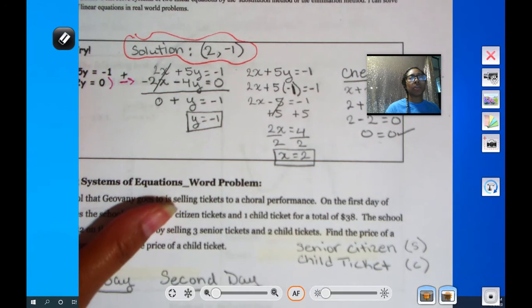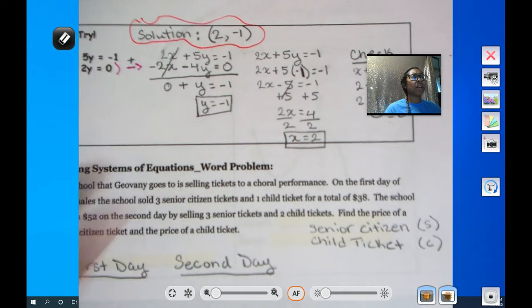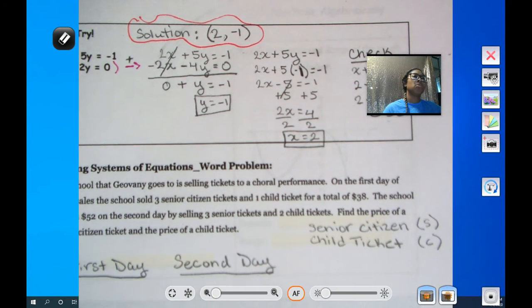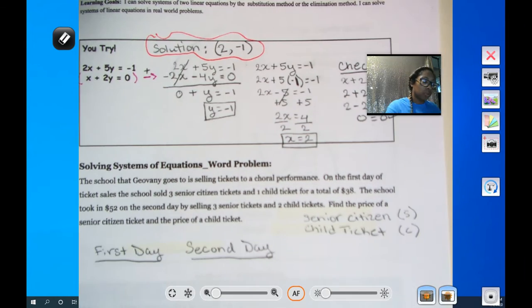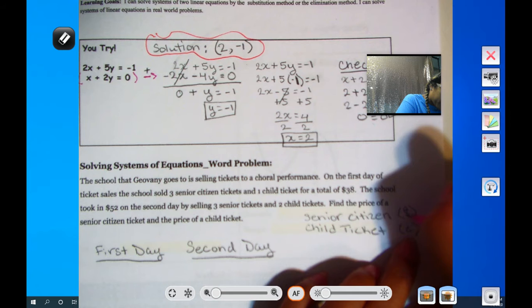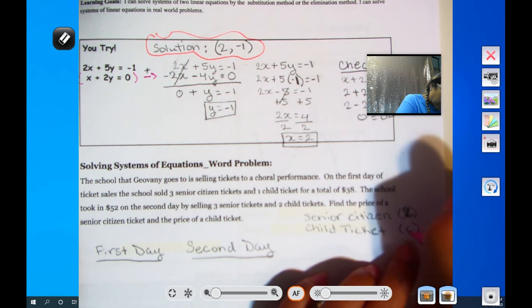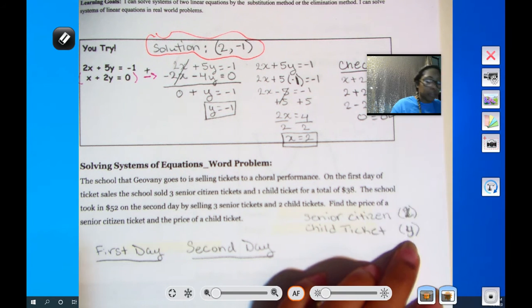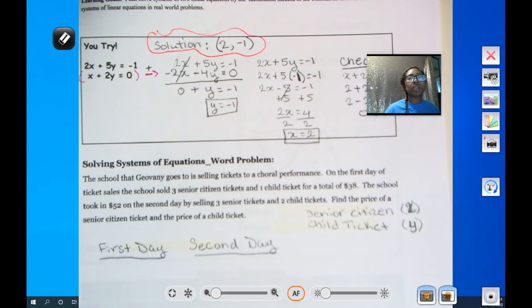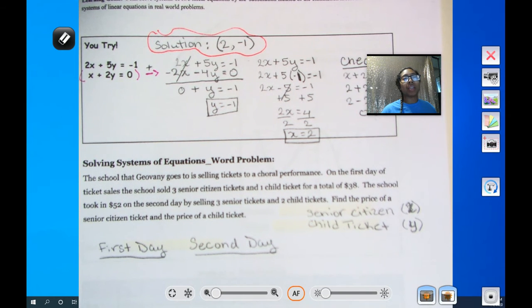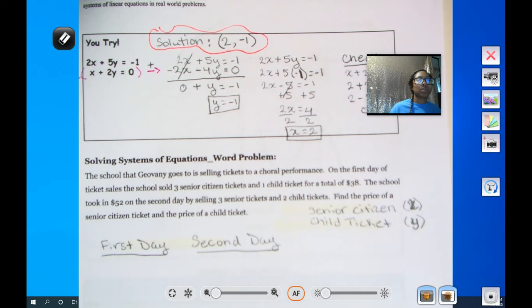If it's less confusing, I can rewrite those variables as X and Y, so that you guys aren't confused by me using different variables. So the senior citizen ticket represents the X and the child ticket represents the Y.